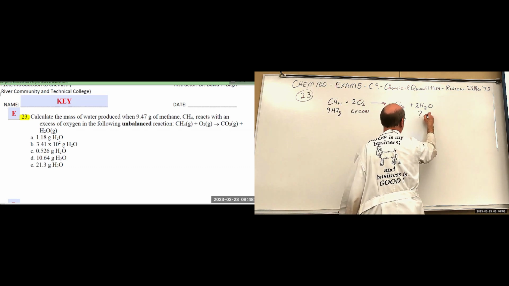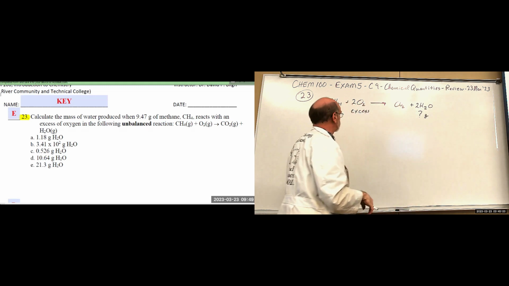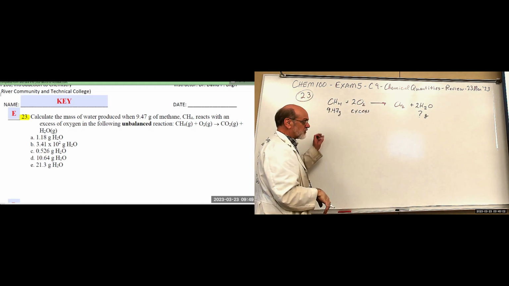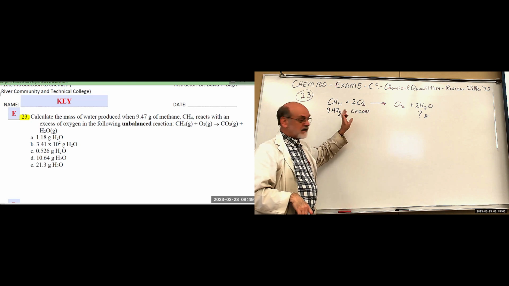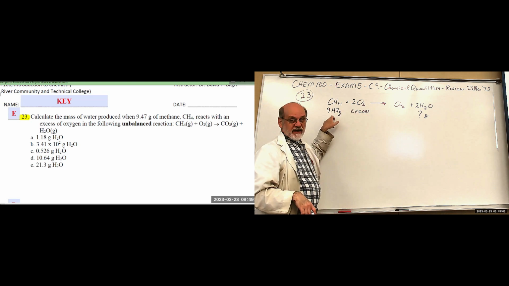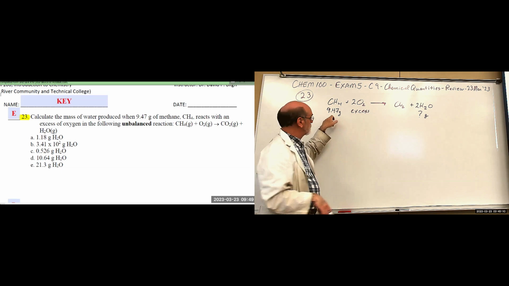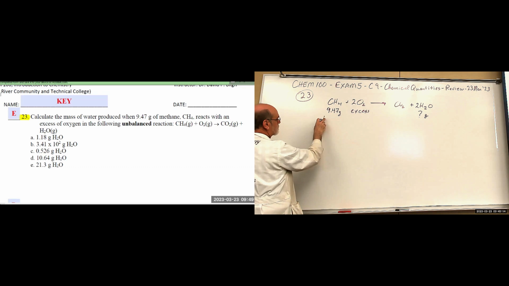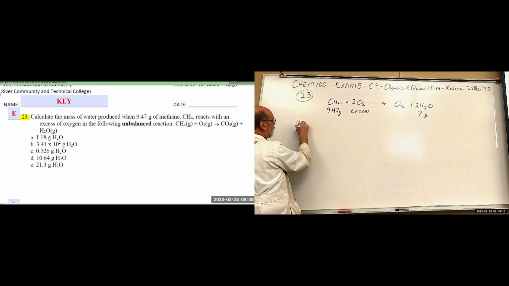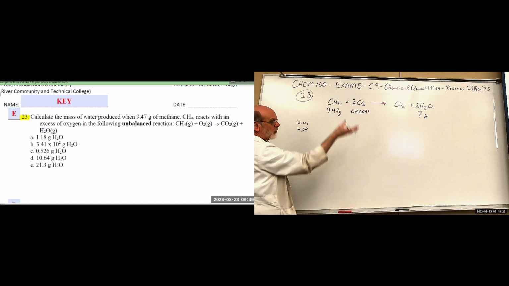So how many grams of water will be produced? So remember, you can't go anywhere in this equation as long as you have mass. You got to convert to moles. So what we need is a molar mass for methane, right? 12.01 for carbon and 4.04 for hydrogen, because it's 4 times 1.01.